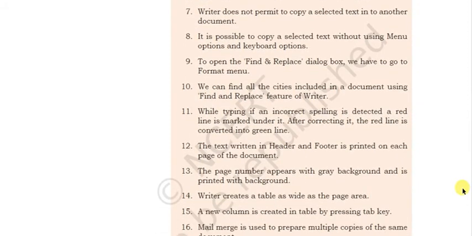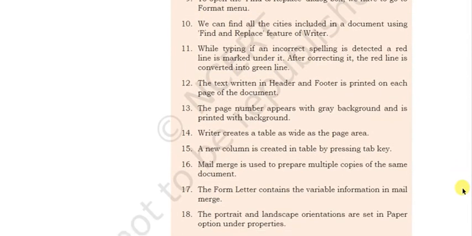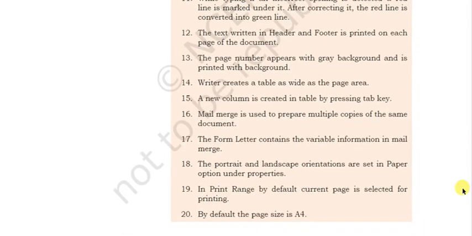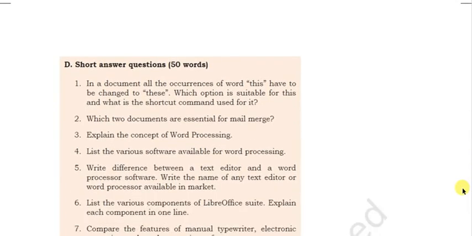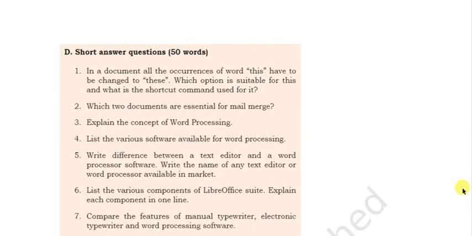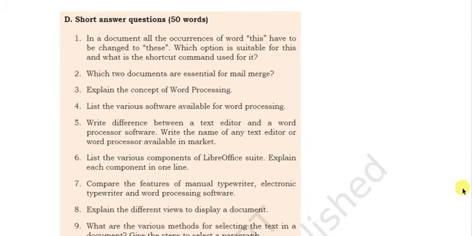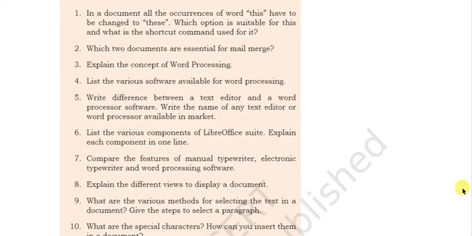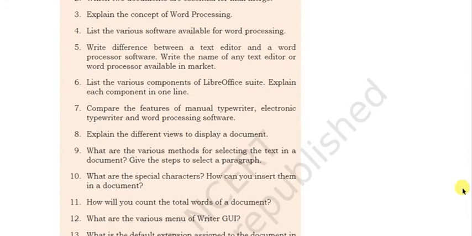You must answer all these questions in your notebook, so that if you get any one of these, you can easily answer them. Here are the short answer questions that you have to answer in 50 words. So in your final examination you will have MCQ questions, then true false, fill in the blanks, and some short answer questions.